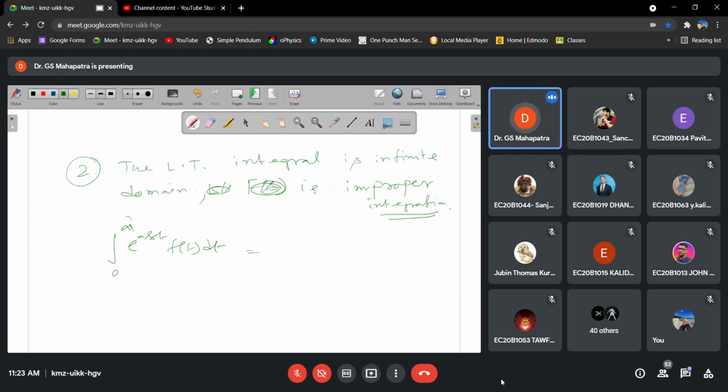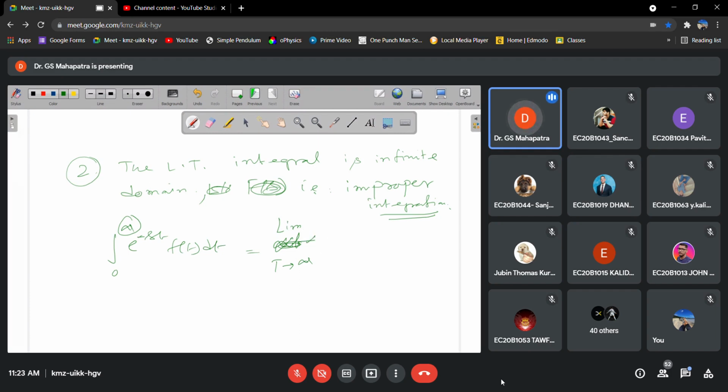Due to this infinity, what you have to do is take the limit. What do you write, LIM or LT only? I am writing LT, like that only. You can write LIM, no problem; it depends on what you want to write.